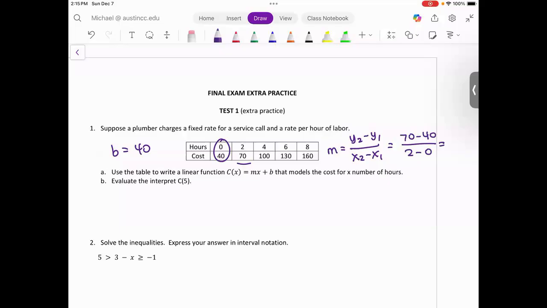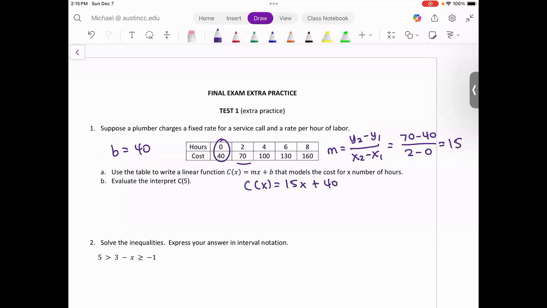We end up getting 30 over 2, or 15. Okay, so we've got our b and our m. Now we have our function c of x equals mx plus b, or 15x plus 40.